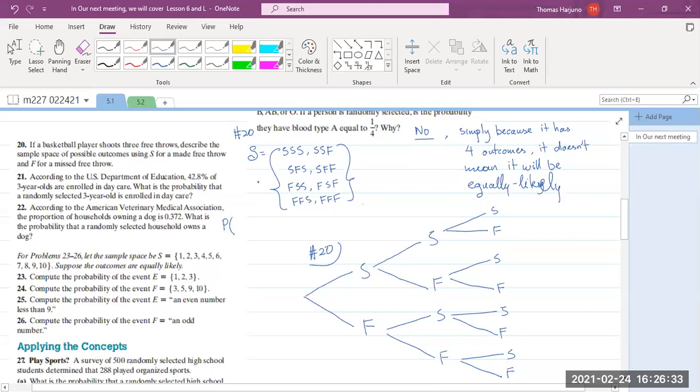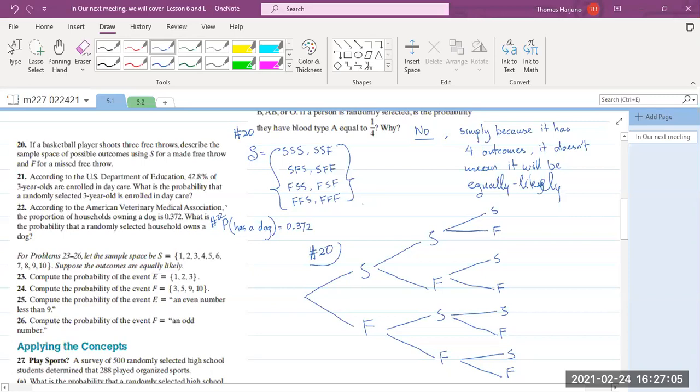The proportion of owning a dog is the same as the probability of selecting a household owning a dog. That proportion will tell us the probability. That's for number 22.